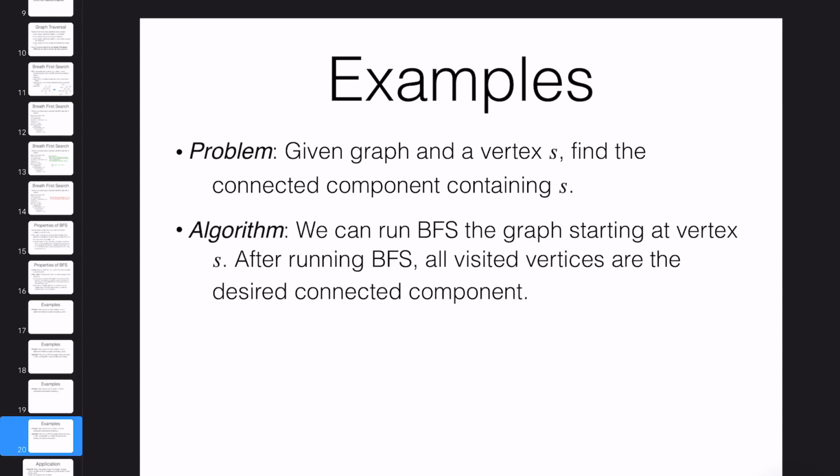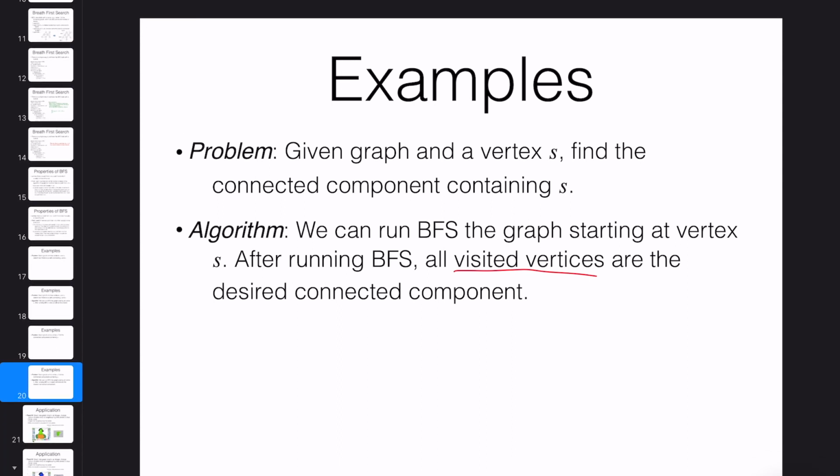The algorithm is very simple because the graph is undirected. If there is a path from S to any of those nodes, there is also a path from those nodes to S. Okay, so you just run the BFS, and all the nodes for which visited is true are going to be a part of the connected component. So you will find the connected component containing S.